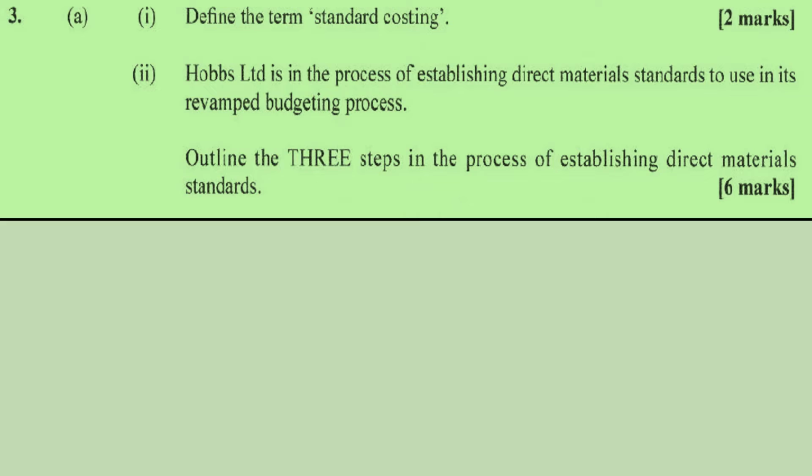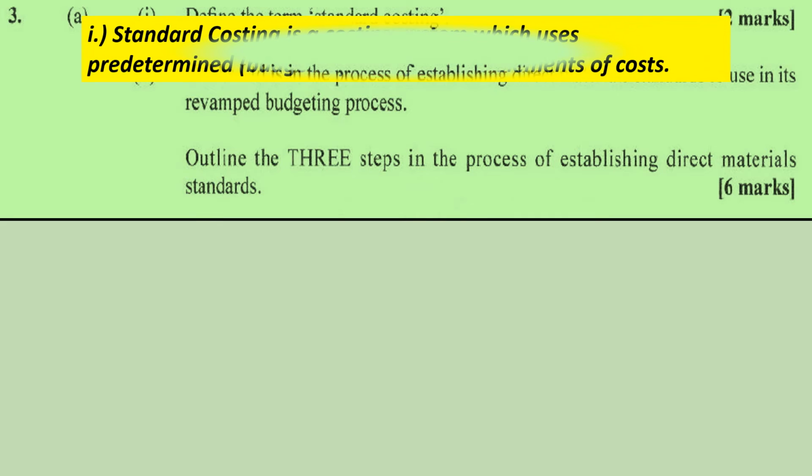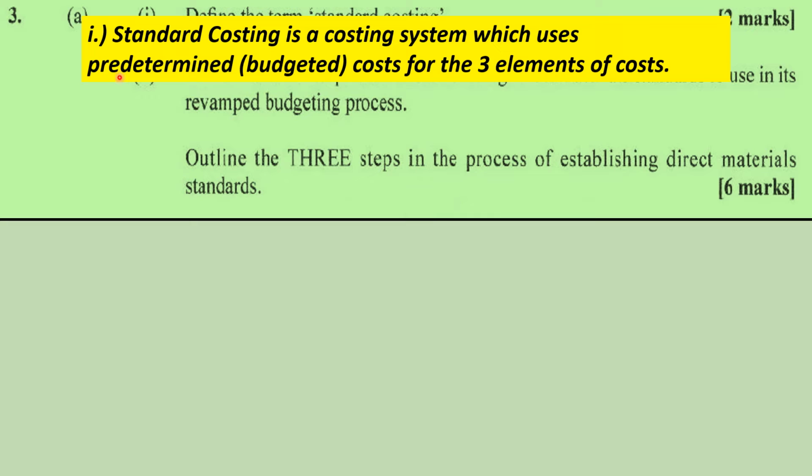Part A defines the term standard costing. Since it's worth only 2 marks, it should be very brief. Standard costing is a costing system which uses predetermined budgeted costs for the 3 elements of cost.